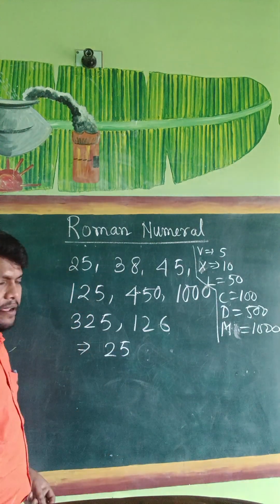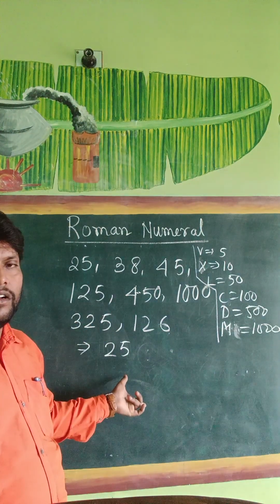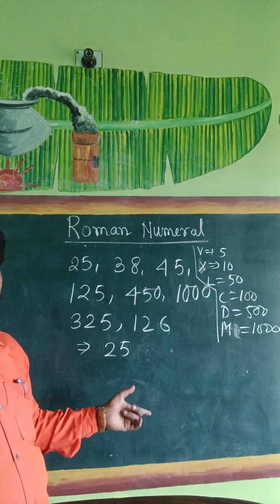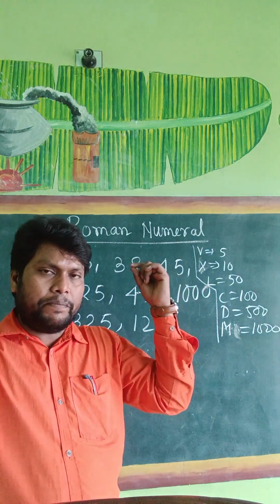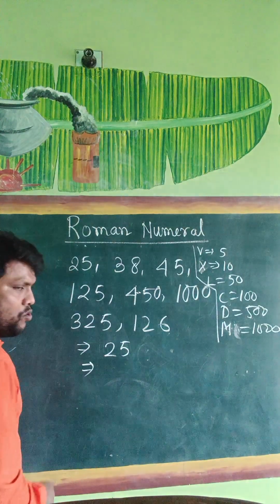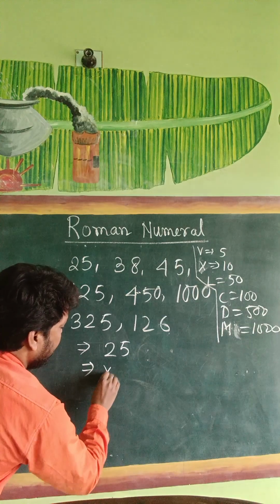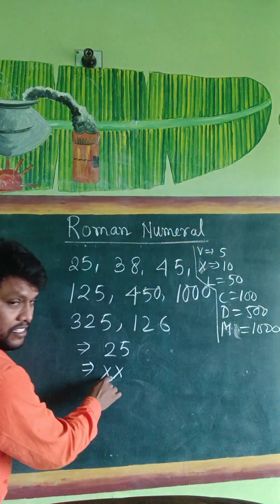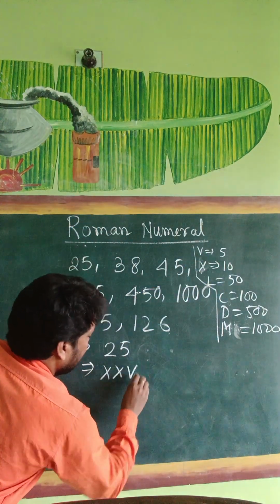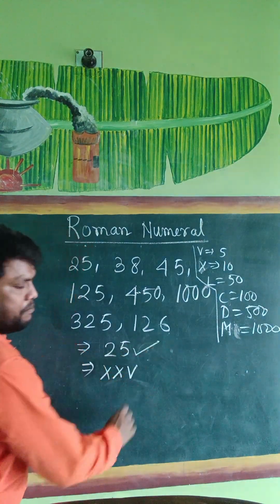Now 25. I discussed those rules before solving the problems. At first you should keep the rules in your mind, then apply. Now 25 means 20, nearest 10, so X two times, XX, then 5 is V. Now XXV is 25.